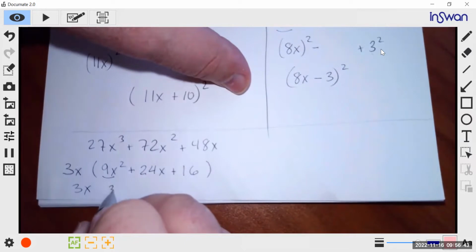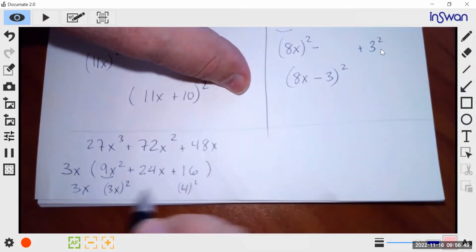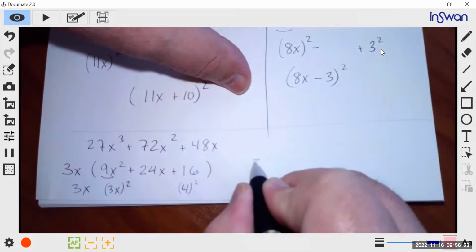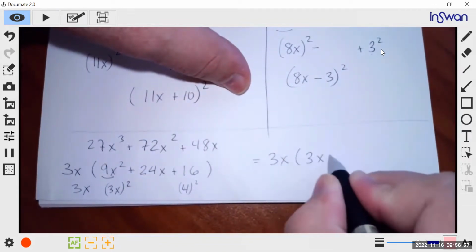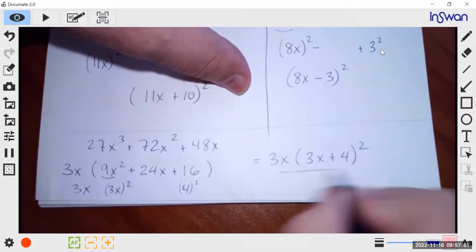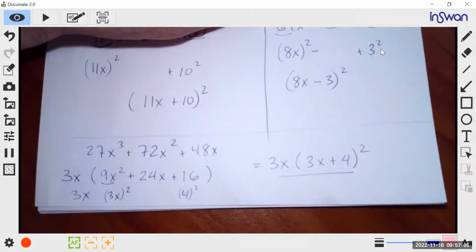So this one is 3x squared. This one is 4 squared. 3 times 4 is 12, times 2 is 24. So the first sign's a plus. There's our factor, because it's a perfect square.